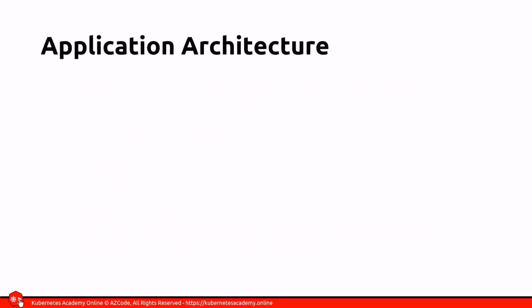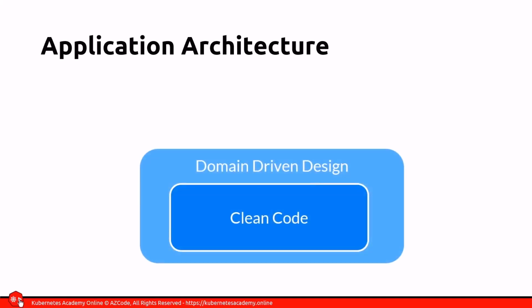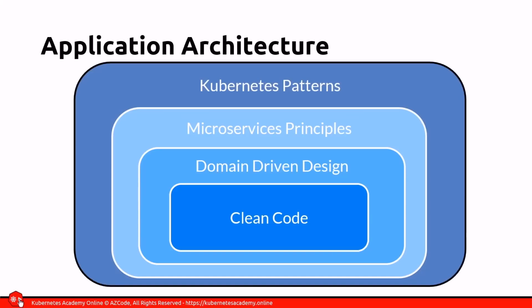A cloud-native application architecture starts with clean code, using domain-driven design techniques, microservices, and Kubernetes. This course is all about microservices and Kubernetes. Feel free to explore the concepts of clean code and DDD on your own.